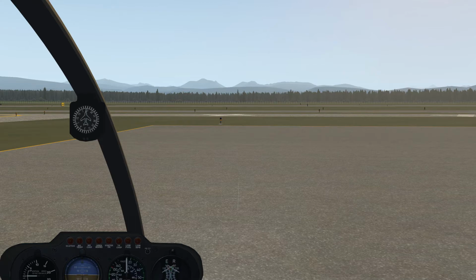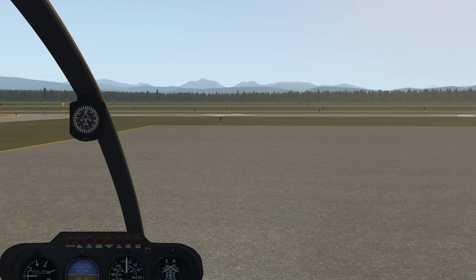Furthermore, due to the loss of thrust from the tail rotor, the whole helicopter will drift to the left, so you'll also need a bit of right cyclic. And then you need collective to cushion your touchdown. But don't pull collective right away, because then the helicopter might actually climb, and then you'll run out of rotor RPM, and then it will fall down suddenly.